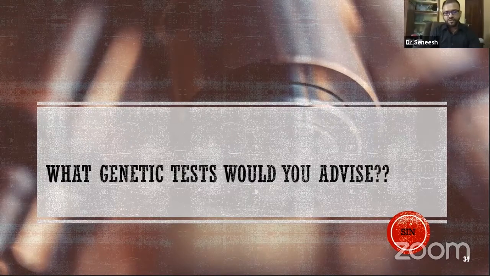So a practical proposition would be to go for a chromosomal microarray, because it picks up much more than a conventional karyotype would. And if you have the resources, and if the pregnancy is in the late mid-second trimester, you could also go for a combination of rapid aneuploidy testing with a chromosomal microarray.